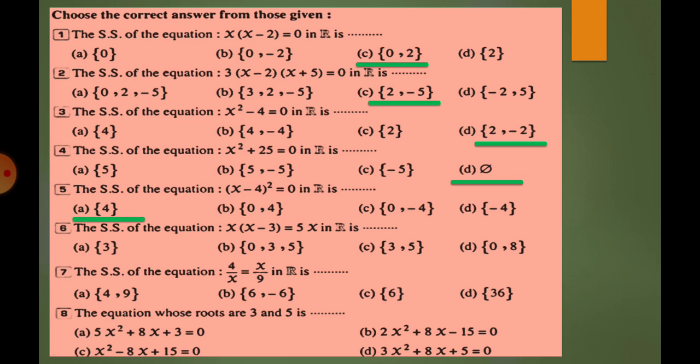The equation x times (x minus 3) equals 5x. For this equation, we want to put the equation in standard form.